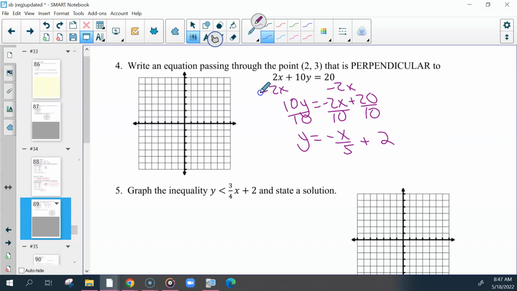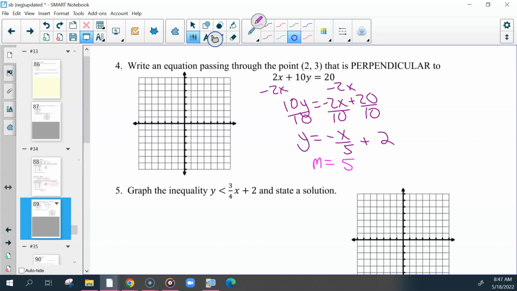But we need an equation that's perpendicular to that one. So our new slope would be what? Y equals 5 over 1. How did you get negative x over 5? Negative 1 plus x will be the same.